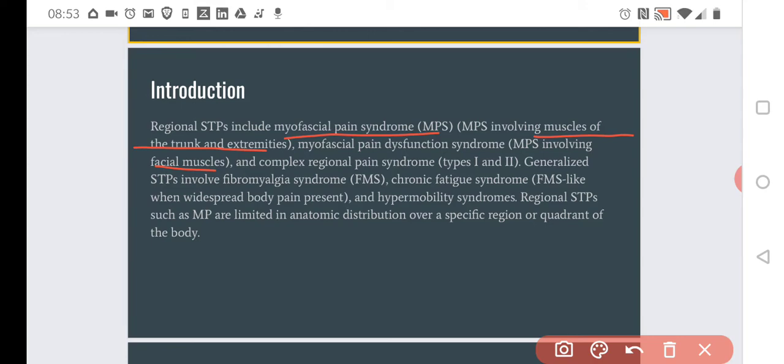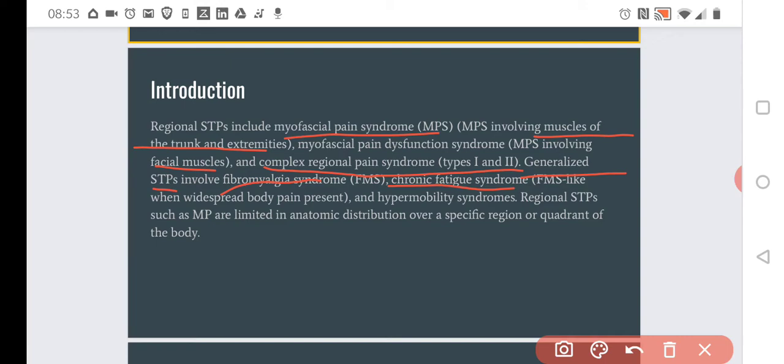We also have something called complex regional pain syndrome of type 1 and type 2. In case of the generalized STP, so if we have those signs and symptoms generally everywhere in the body, we think about fibromyalgia. And related to the fibromyalgia is the chronic fatigue syndrome.